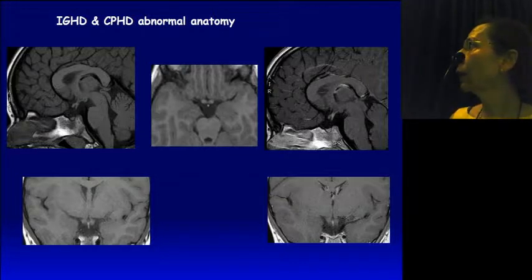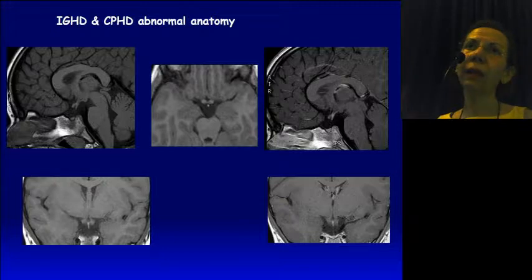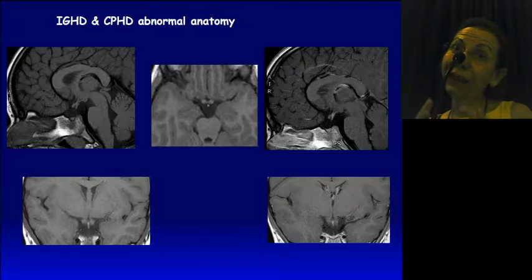But if you inject contrast, I don't know if you see it, there is a thin trace of something like this, connecting the pituitary gland with the tuber cinereum structure, and this is a hypoplastic pituitary stalk. So in this pituitary stalk interruption syndrome, there are cases with a present pituitary stalk, which is hypoplastic, and we see this hypoplastic pituitary stalk after contrast administration.